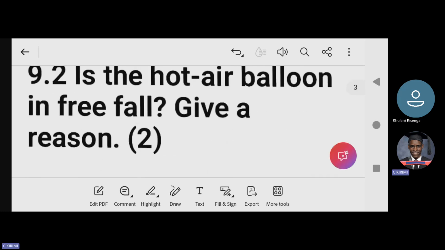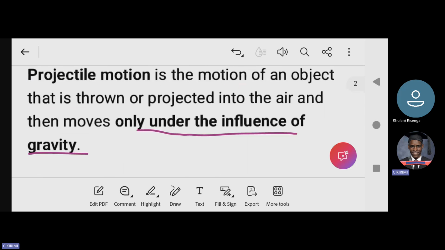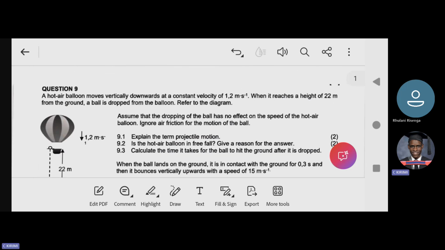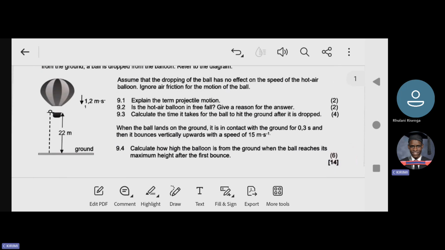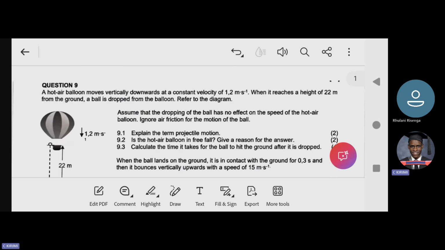And then the last one, number 9.3: calculate the time it takes for the ball to hit the ground after it was dropped. So this one you can calculate, isn't it? The hot air balloon goes upwards at a constant velocity. When it reaches a height of 22 meters from the ground, the ball is dropped from the balloon.